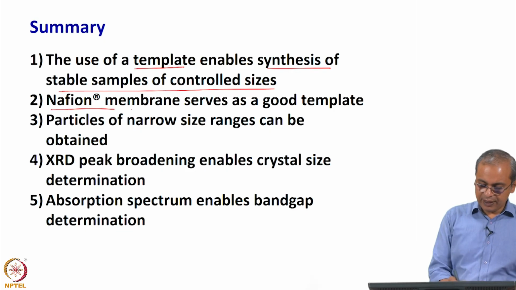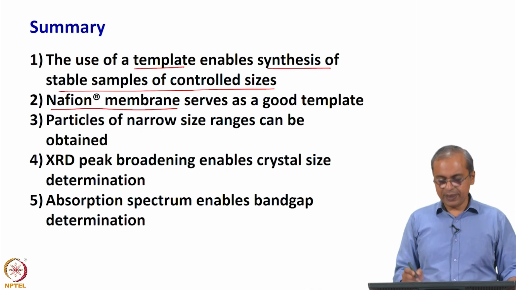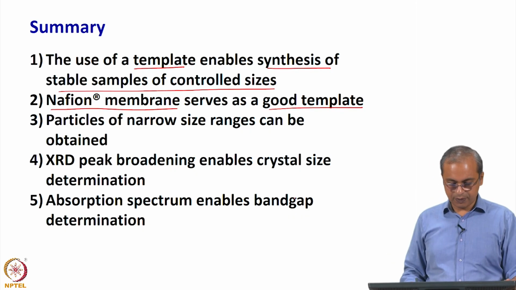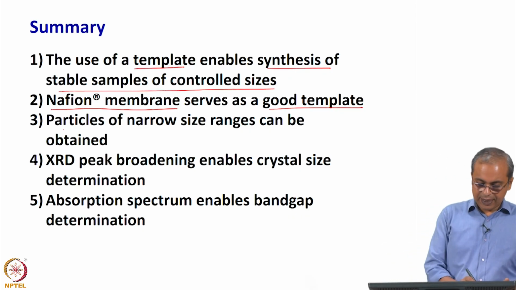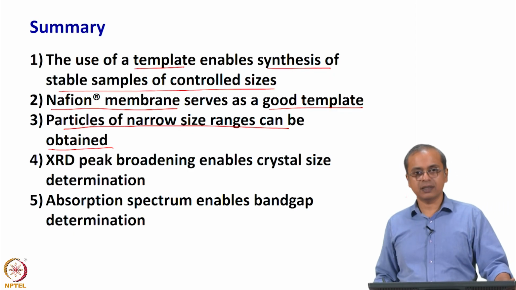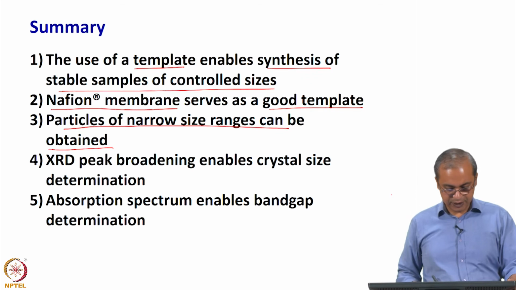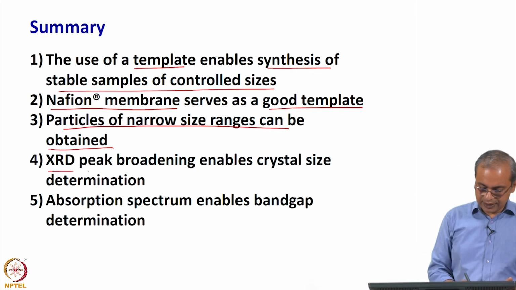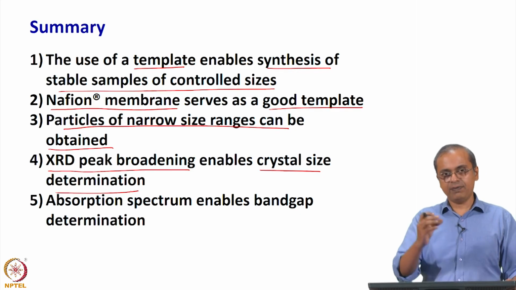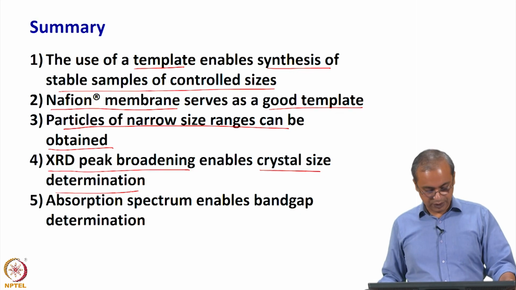The Nafion membrane is one of the membranes that can be used as a template, and it does serve as a good template. You can think of other membranes which could possibly be used that way. Particles of narrow size ranges can be obtained. This also is something that is very useful based on the time of immersion. We saw a lot about X-ray peak broadening, and this enables crystal size determination and effectively the particle size determination of those nanoparticles.